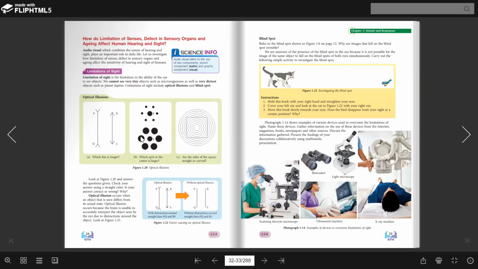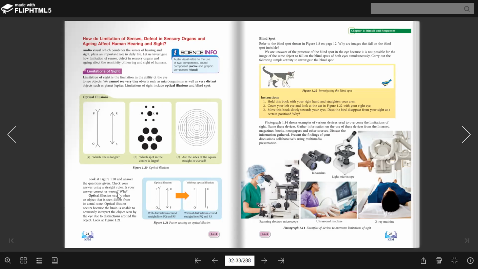Same goes for this one. Which spot in the center is larger? If you notice X and Y in the middle, they actually have the same size, but due to distraction, like this one and this one, you will consider that X is smaller than Y.